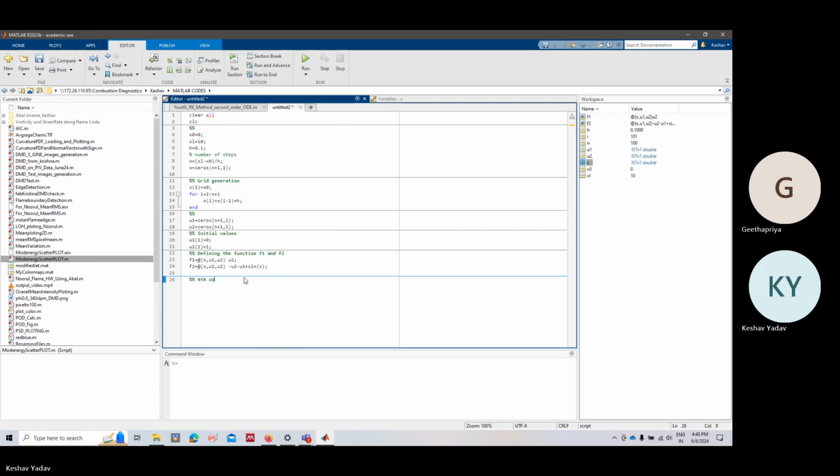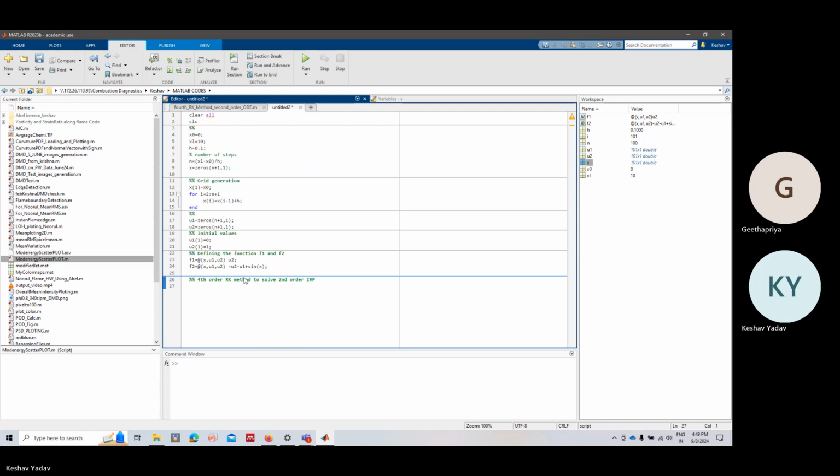Fourth order RK method to solve a second order initial value problem.